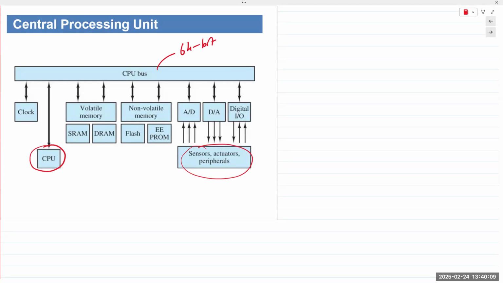Memory is of two kinds, volatile and non-volatile. Volatile simply means that power must be continuously supplied to the memory circuitry in order for the storage to remain present. As soon as the power is shut off, the memory is wiped clear.